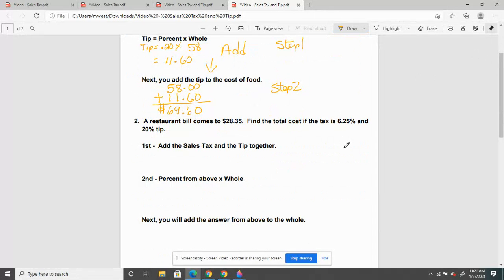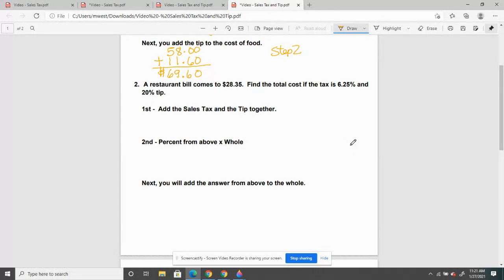This one is a different way that we can do this for tip, and this is tip and tax. A restaurant bill comes to $28.35, the tax is $6.25, and the tip is 20%.